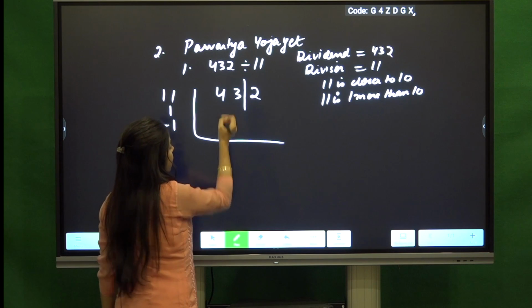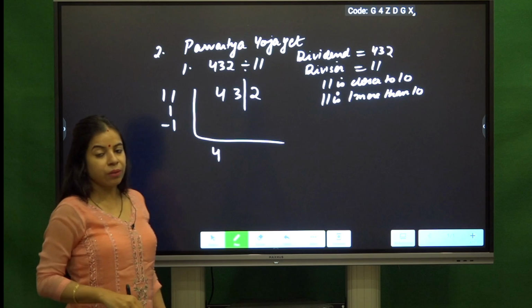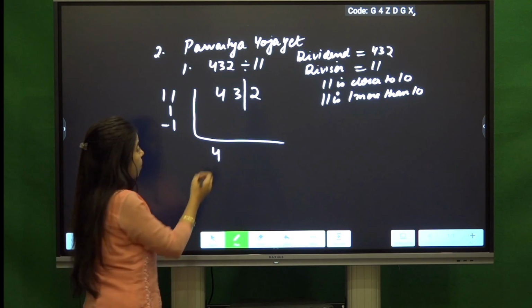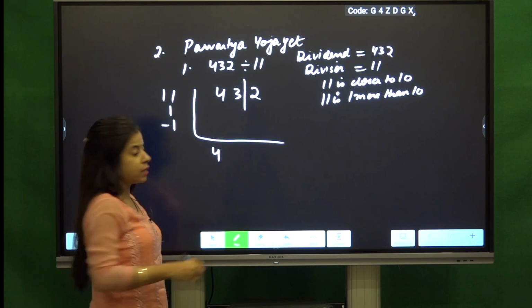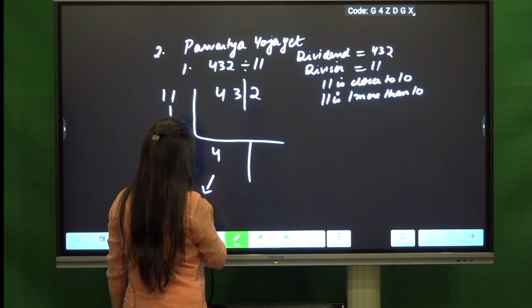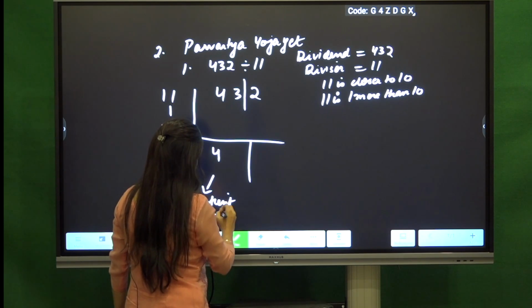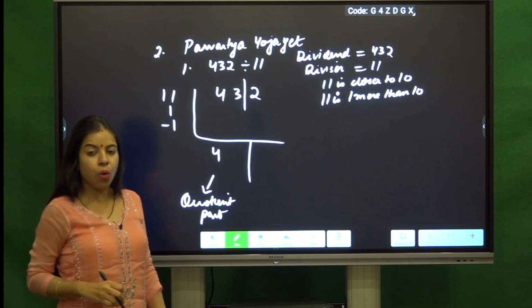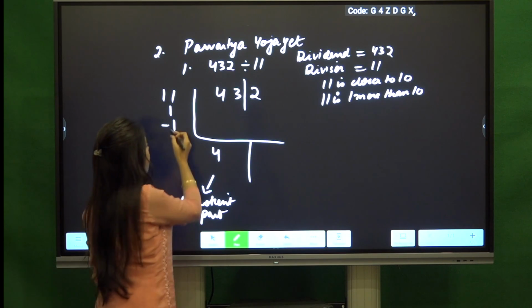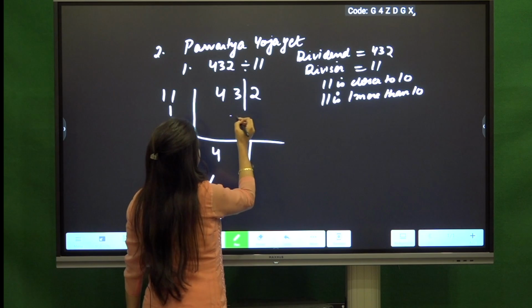Okay. So, how are we going to perform the division? We are going to carry down the 4 as it is. For the next step, we are going to multiply the first digit of the quotient part with the new complement which is minus 1. So, 4 into minus 1 is minus 4.